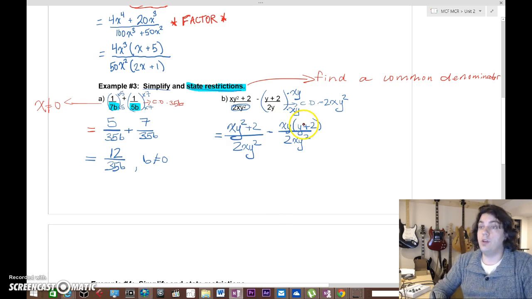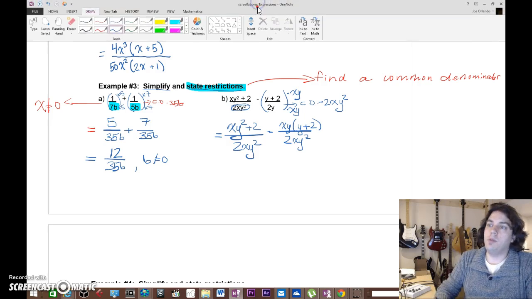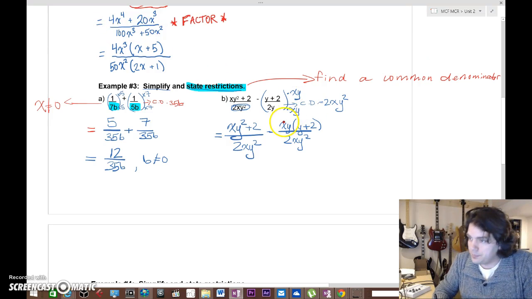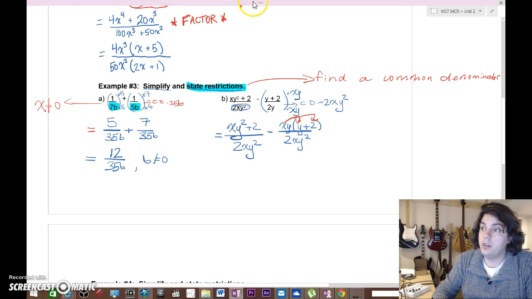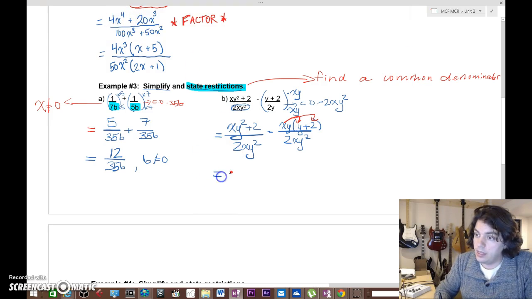Now with this, we are going to have to distribute it, right? We're going to have to rainbow it. We're going to have to put it in. So xy will get multiplied by y, and xy will get multiplied by 2. And in the next term, as I write it out, I can say it equals xy squared plus 2 over 2xy squared minus, and then we can distribute this.